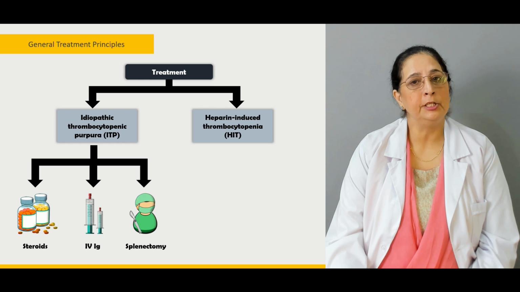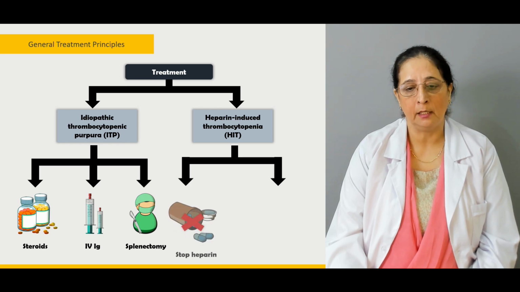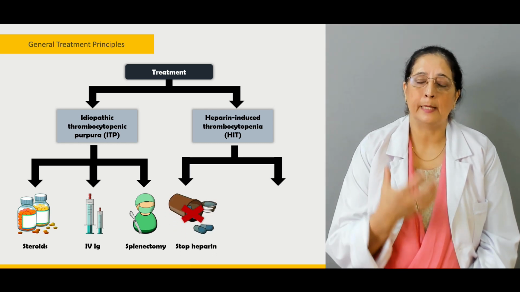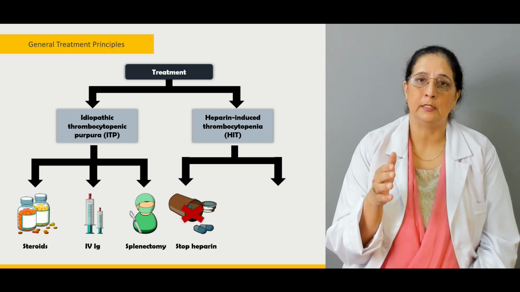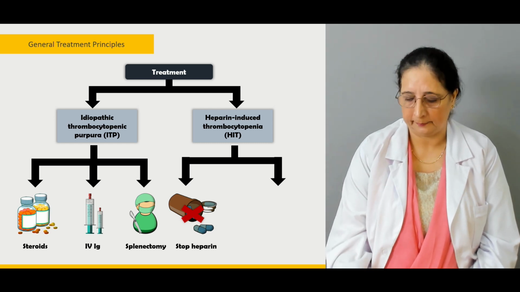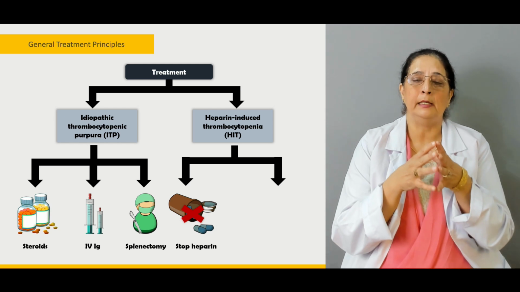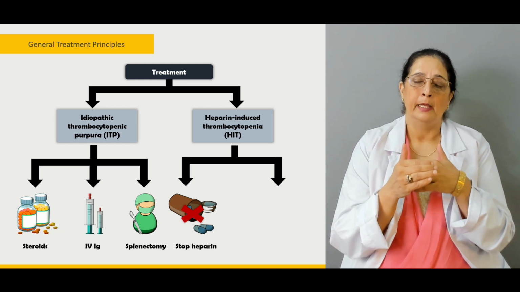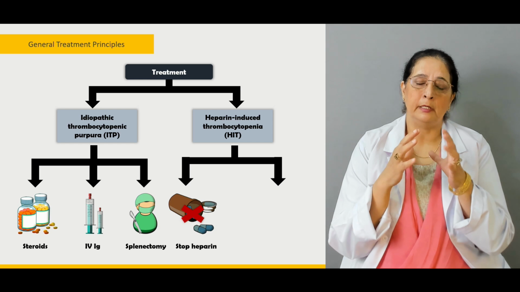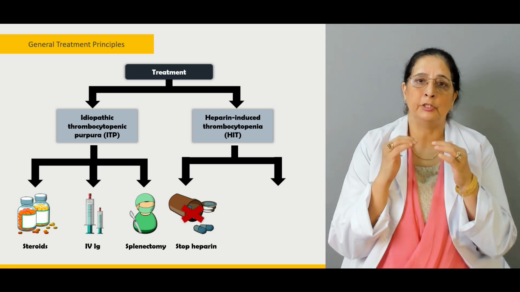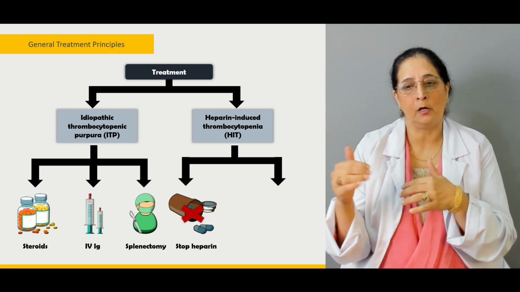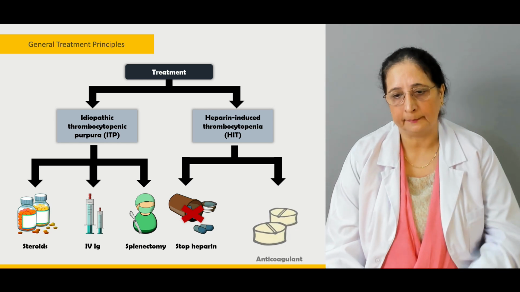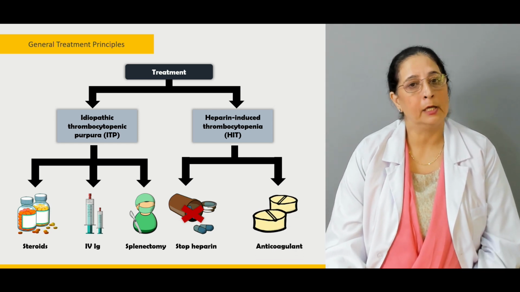Then heparin-induced thrombocytopenia, very important step, stop heparin. If somebody is on heparin, stop heparin. Again, depending on the level or the number of platelet counts, we need to decide whether it should be stopped abruptly or in a stepwise manner, or use an anticoagulant.